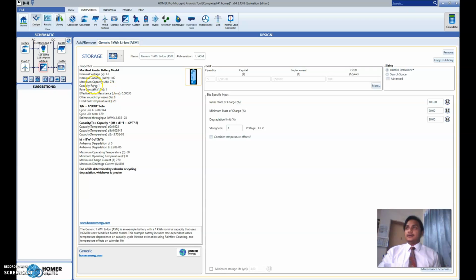This battery has a nominal capacity of 1.02 kilowatt-hour, where we need at least 5 of these lithium ion batteries, and our capital cost is $3,500.